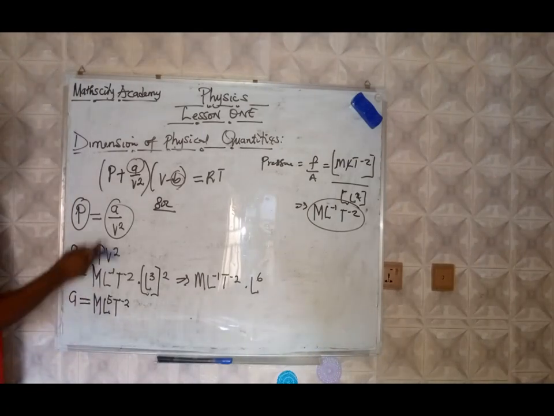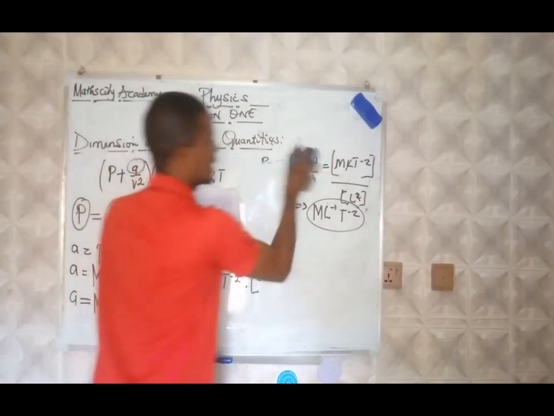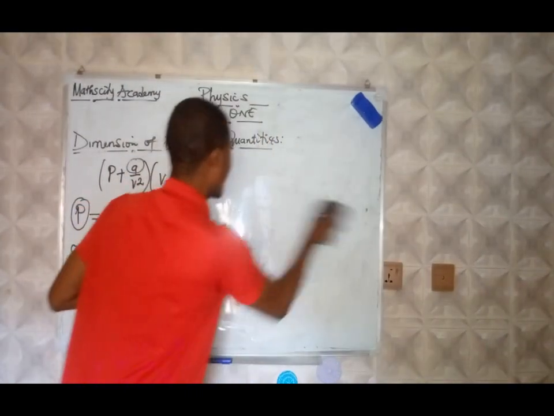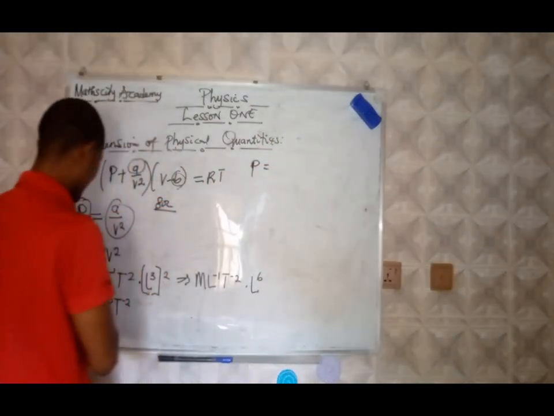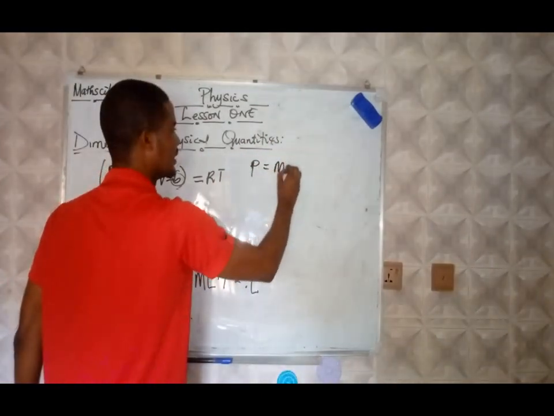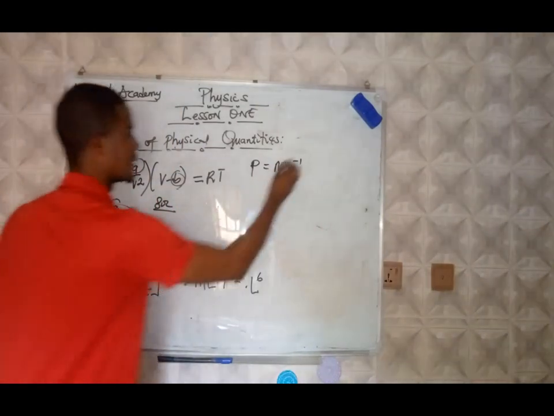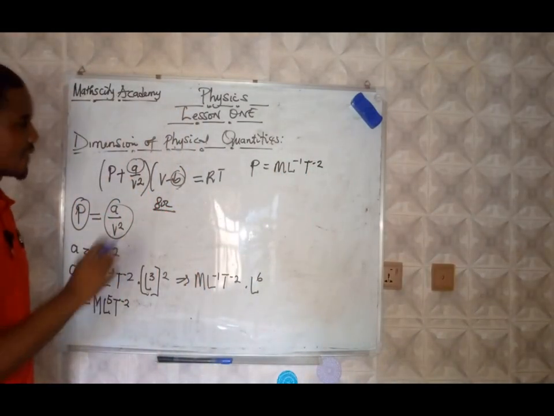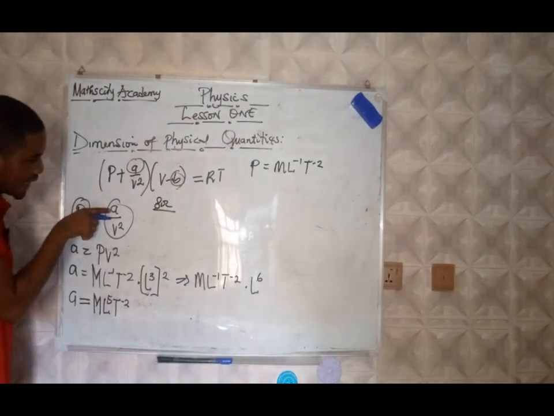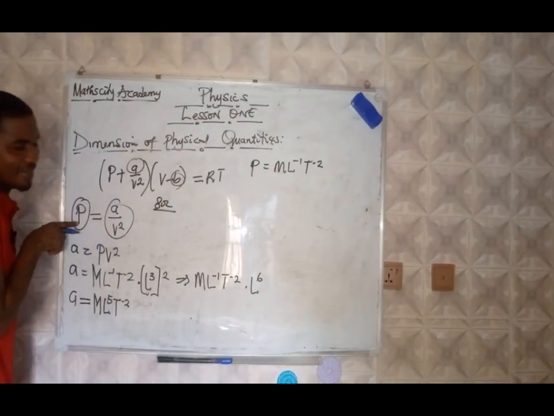I've answered the question. They asked me to find the dimension for A. Now, for proof, let's see if it is true. If the dimension for pressure is M L to the power minus 1 T to the power minus 2, then the dimension of A divided by V squared should be equal to the dimension of pressure.